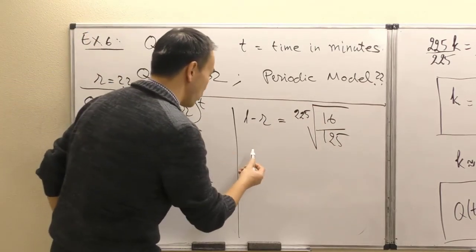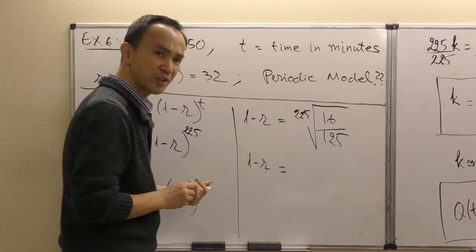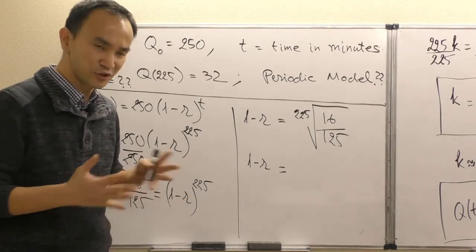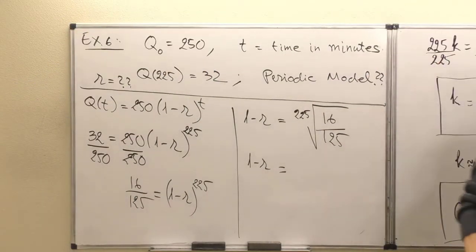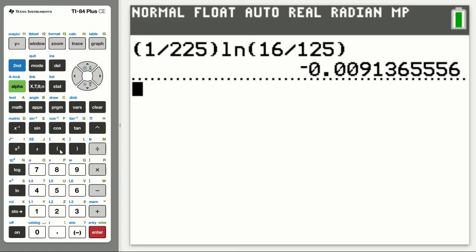So that means 1 minus r. After taking the 225th root, allow me to swing back on the computer and show my calculator screen to show my calculation. On my calculator, I open the parentheses, 16 over 125, raised to the power of another parentheses, 1 divided by 225.